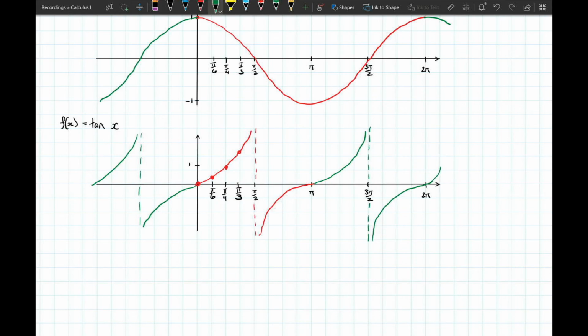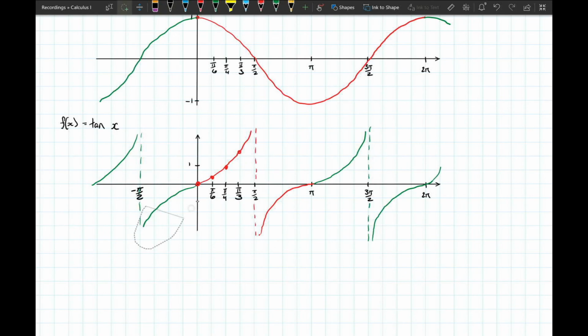Now, you can see that this has a very repetitive behavior like before, except it repeats itself actually more often than sine or cosine. It repeats itself every half circle, or every pi. So what we tend to think of as the typical shape for tangent is actually looking at the section from negative pi over 2 to positive pi over 2.